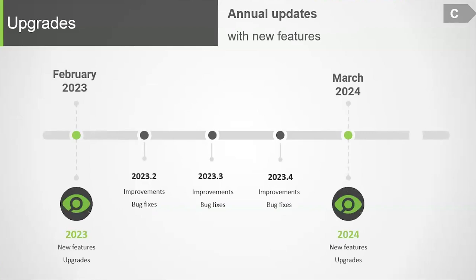So you've gone through 2023.1, .2, .3 and .4. Now with 2024, we release new features. We may have introduced an intercom functionality or some sort of new integration that you need access to. That's where your migration license would come in, and it would require you to move from 2023 to 2024.